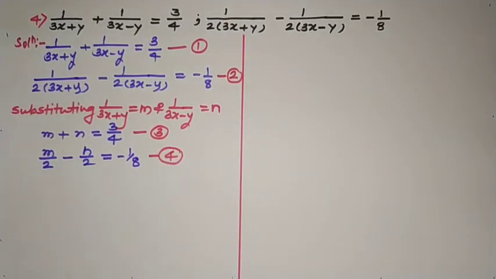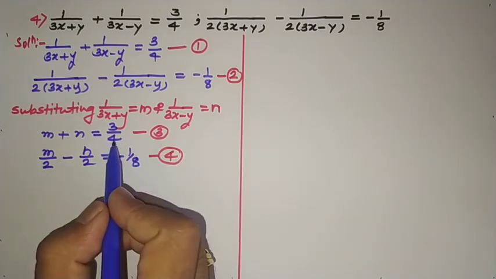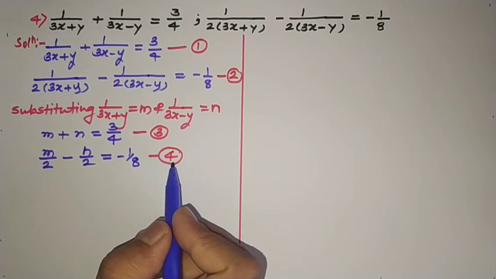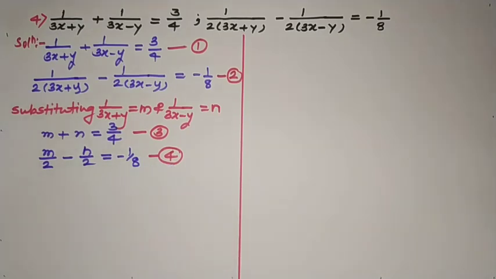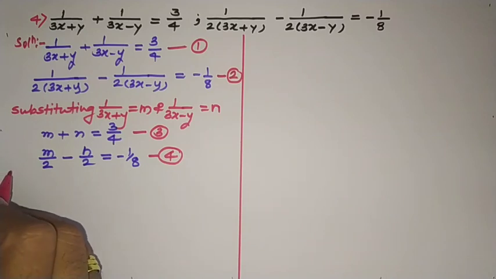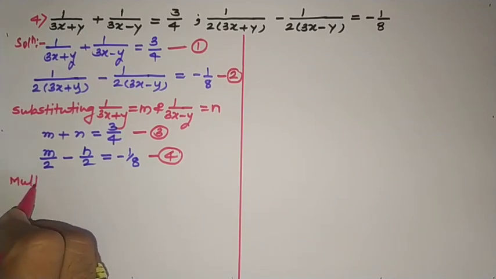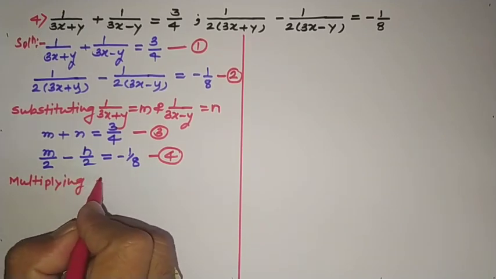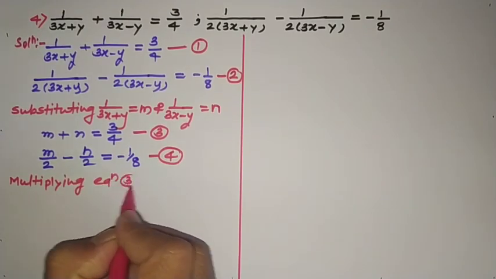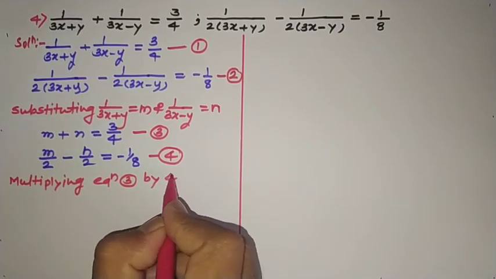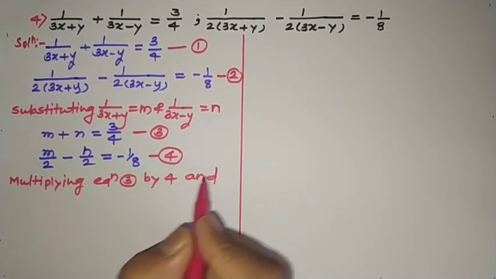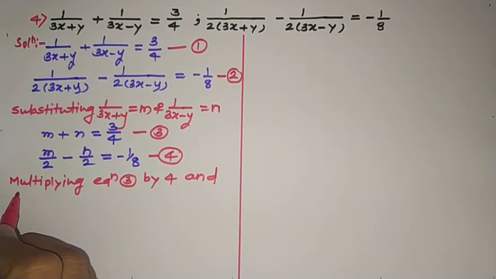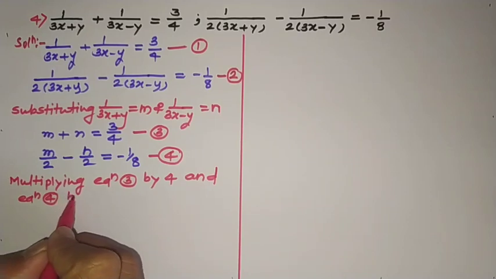These two equations we simplify to solve the linear equations. Multiply equation 3 by 4 and equation 4 by 8. Here first multiplying equation 3 by 4 and equation 4 by 8.